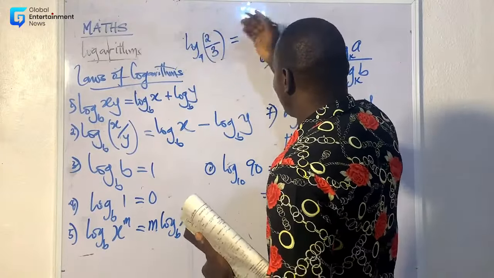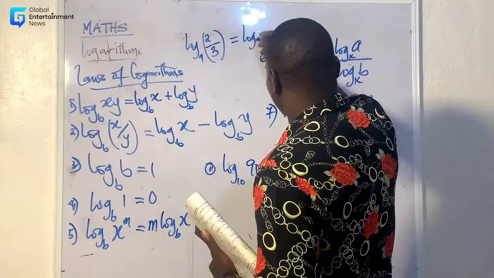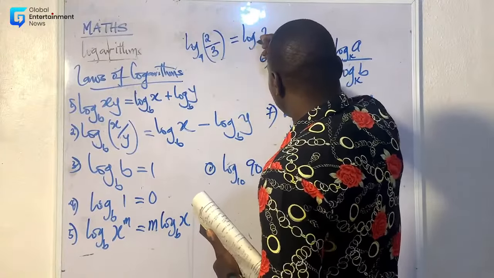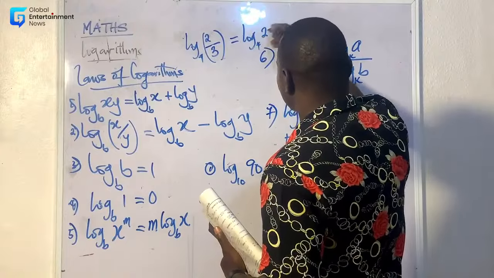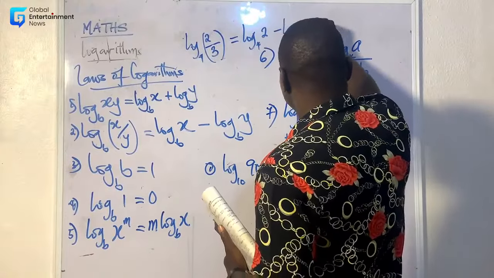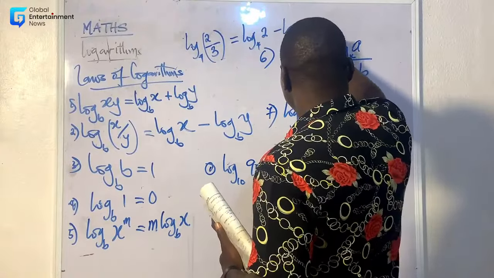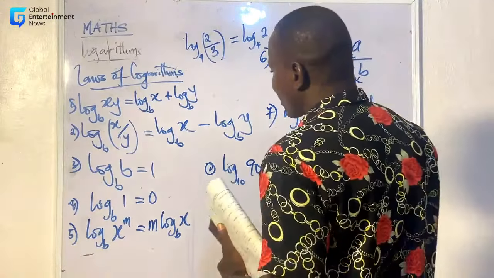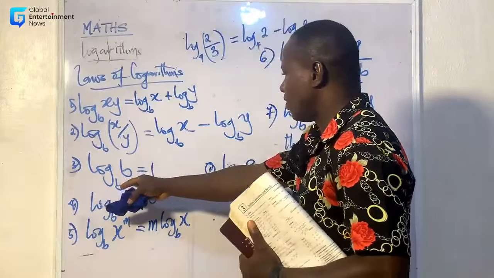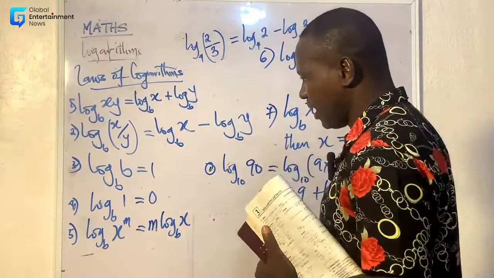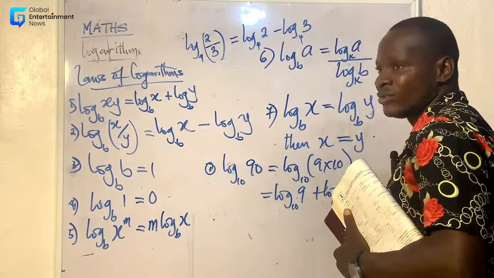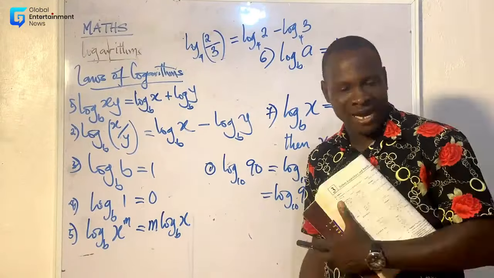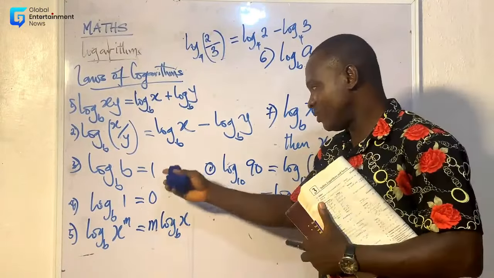Since it's division, it's going to give me log 2 base 4 minus log 3 base 4. And once we have the same log and the same base, it's going to give us 1. If I say log 2 base 2, it will give me 1.